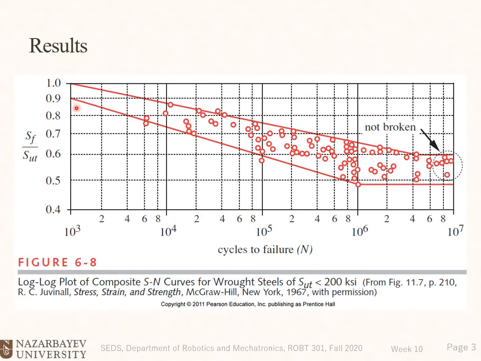And then we see that by increasing number of cycles linearly in a semi-logarithmic plot, okay, so this is a semi-logarithmic plot. You see the x-axis is logarithmic. So we have 1000 and then we have 10,000 and they are equally distanced.